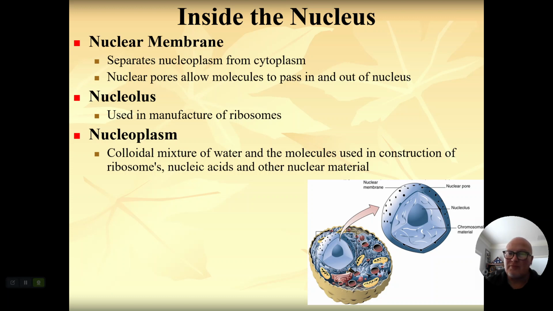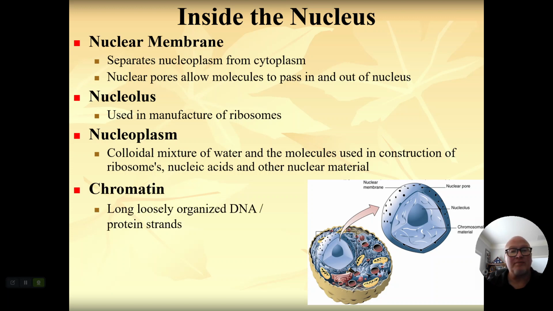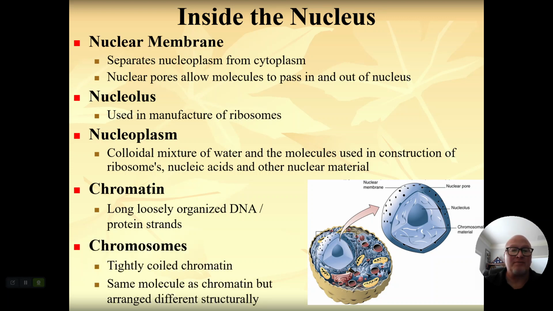Then you have a nuclear membrane, which completely surrounds the nucleus with pores, and those pores are where RNA transcripts leave the nucleus to be expressed. Chromatin is loosely organized DNA. You will only find DNA bound up in the form of chromosomes when a cell is getting ready to reproduce.